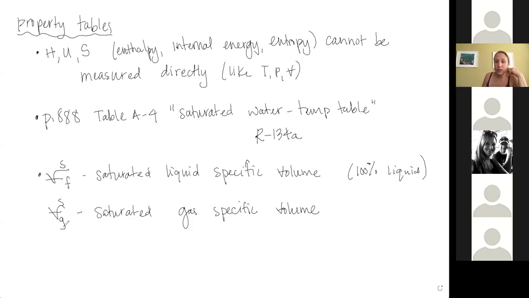Conversely, the saturated gas specific volume means we have 100% gas. If you're boiling water and you leave it on too long and all of it turns into water vapor and you have no more liquid, then you're at this saturated gas specific volume. So saturated means entirely gas or entirely liquid.